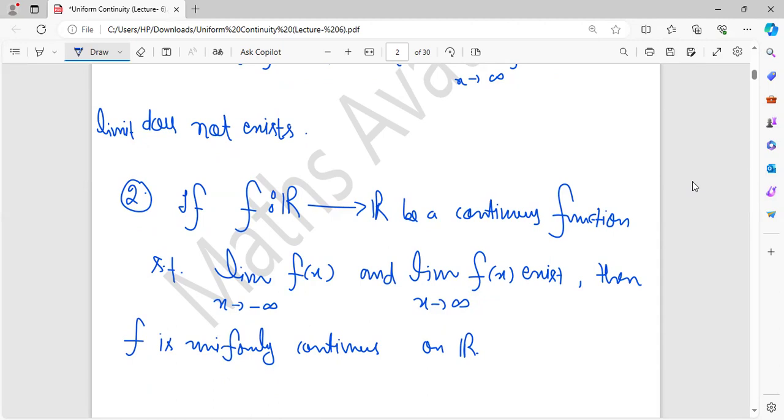So I can have an example of a continuous, uniformly continuous function on R where neither limit exists, but still the function is uniformly continuous.